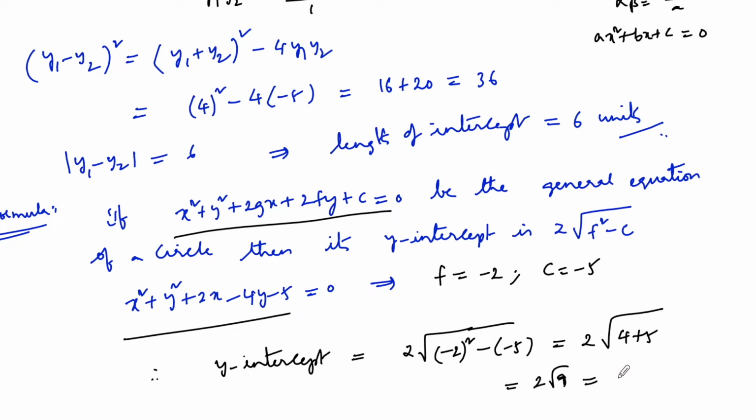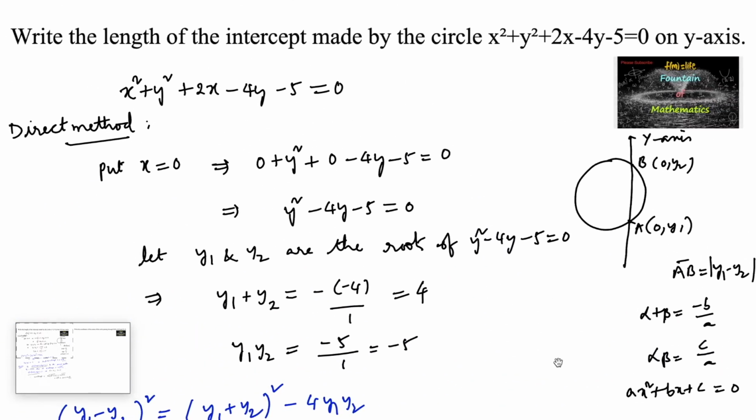Root 9 is 3, so 2 into 3 is 6 units. Length is always positive, so we consider the positive root 9. So that is 6 units. We can conclude that the length of the intercept made by the circle on the y-axis is 6 units.